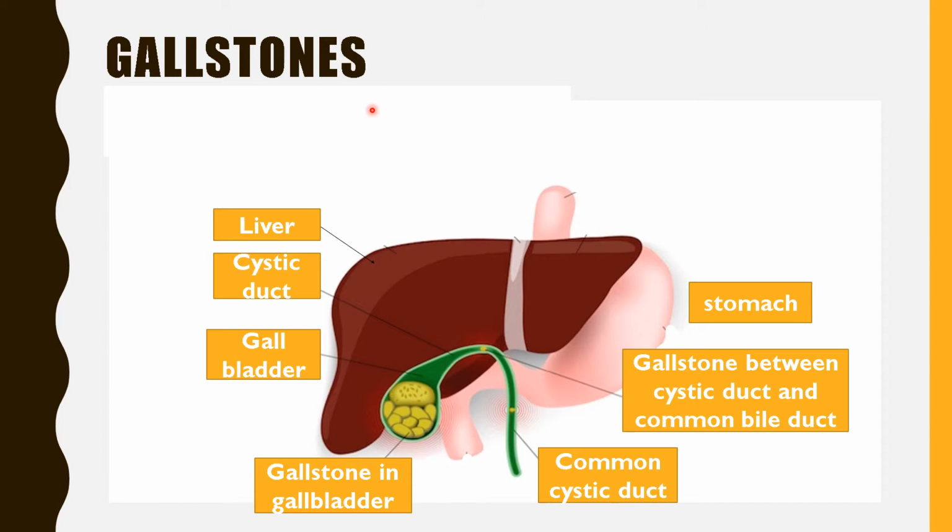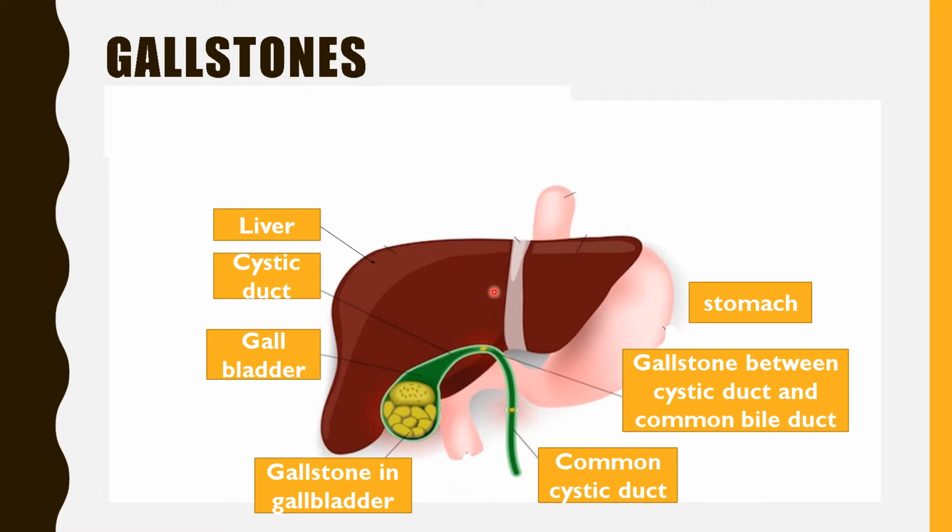You may have fever or jaundice, yellowing of skin. You can see in this, there is a gallstone in the gallbladder. The greenish part is the gallbladder, followed by the cystic duct. I hope you can see the arrow of the cystic duct. If not, this is the cystic duct where my pointer is.